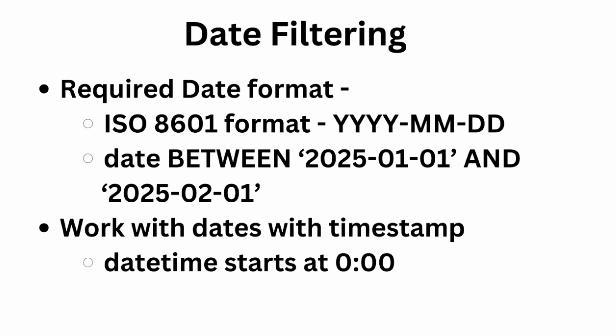Something to keep in mind is when using the BETWEEN operator with dates that also include timestamp information, so not just the actual day, but also the hour, minutes, and seconds, you should pay careful attention, especially since we have that issue of inclusivity versus exclusivity of the NOT BETWEEN. You should take into account the fact that a datetime, that is both the date and the actual time information, would start at 00:00 hours.